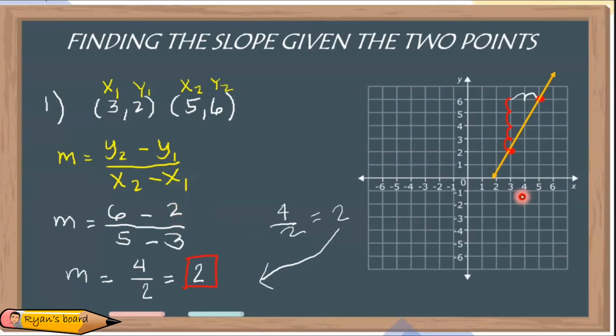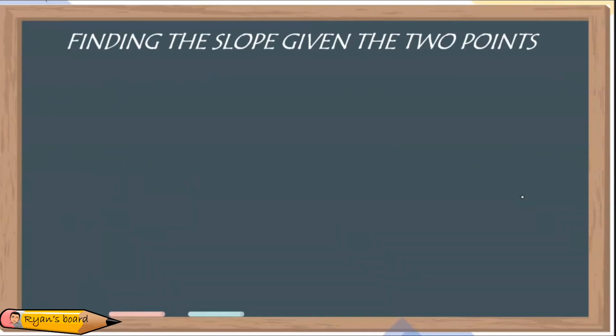Okay? Now, let's have another example. Example number 2, let's say (-1, 5) and (3, -4). Okay? What is the slope of the line that passes through the points (-1, 5) and (3, -4)?